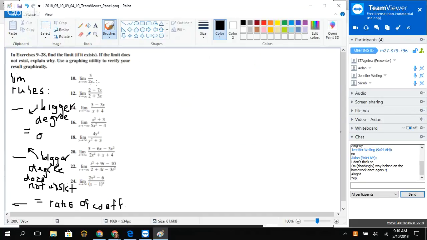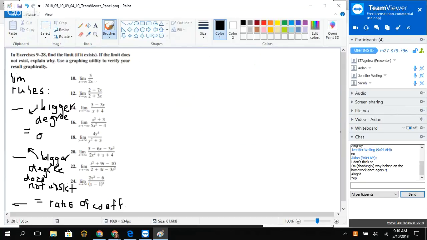If we put a gigantic number in for x, even 1,000,000, 5 divided by 1,000,000 is going to be, if you evaluate on your calculator, probably 0.000001.